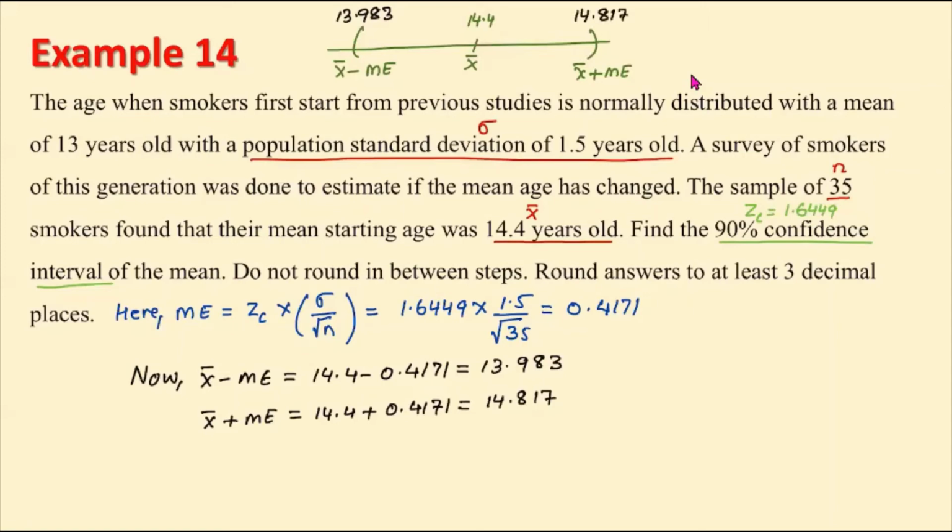So with 90% confidence, we can say that the true mean lies between these two values. We can write the confidence interval: the mean is between 13.983 and 14.817. That is the confidence interval that we are looking for.